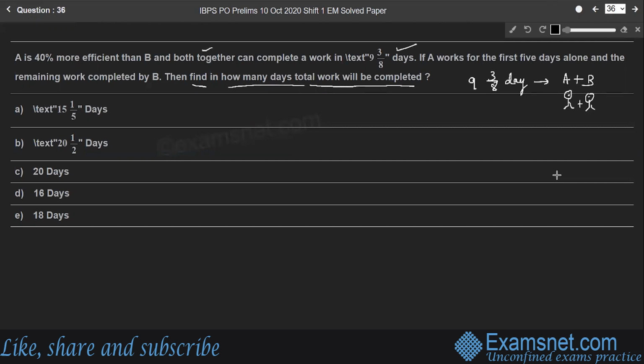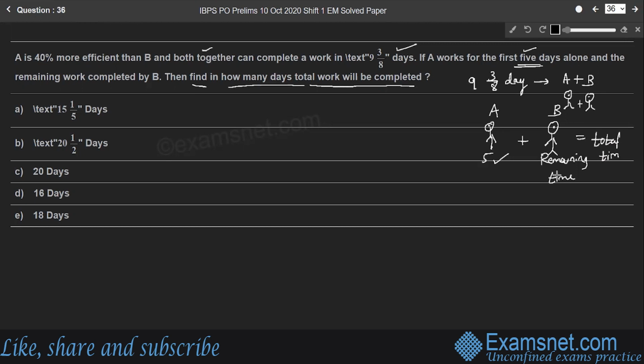A works only for 5 days, so the time taken by A is directly given as 5 days, plus the time taken by B to complete the remaining work, because A has done some amount of work in 5 days. So this gives the total time.